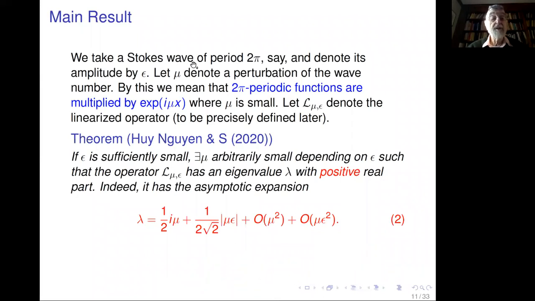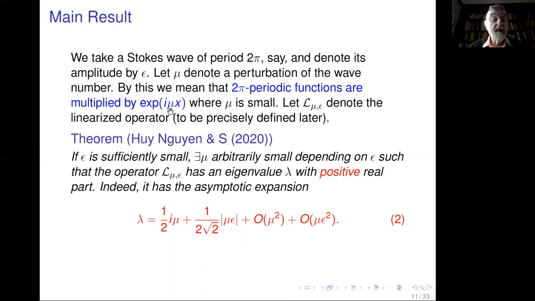So you take a Stokes wave. Let's say it has period 2 pi, and I'm going to take small amplitude. So epsilon in this talk always means the amplitude of that Stokes wave. So it's a really small wave. And then we perturb it this way, e to the i mu x, where mu is small.